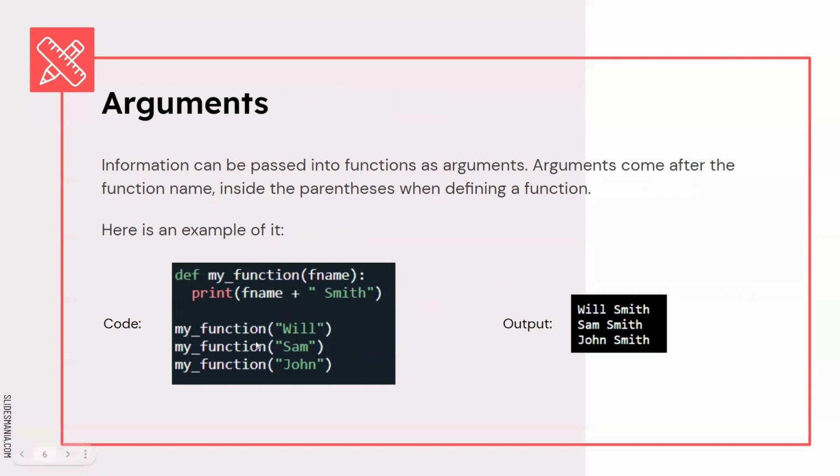And then after we have my_function Will, my_function Sam, my_function John. So when you call it, it'll put this name in front of Smith. So you can see right here we have Will Smith, Sam Smith, John Smith. Those are some examples of arguments.